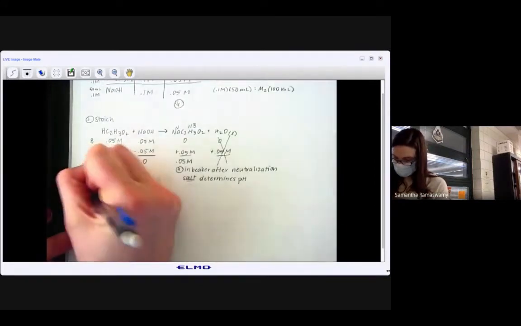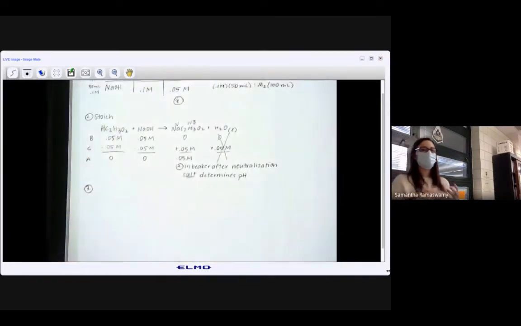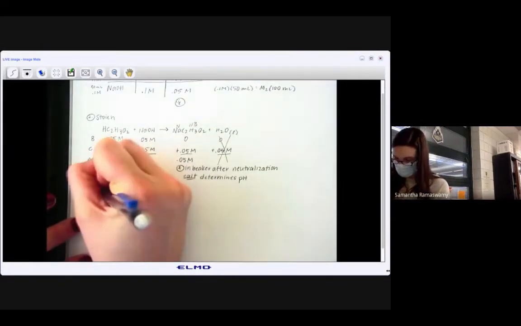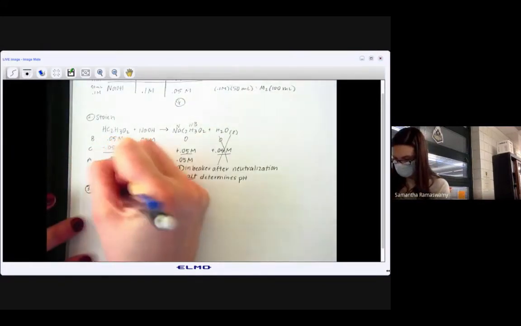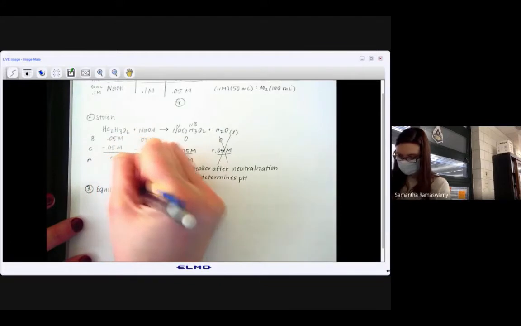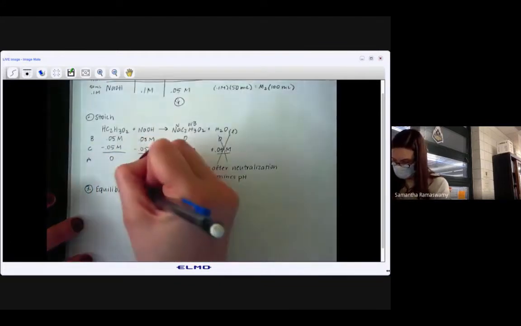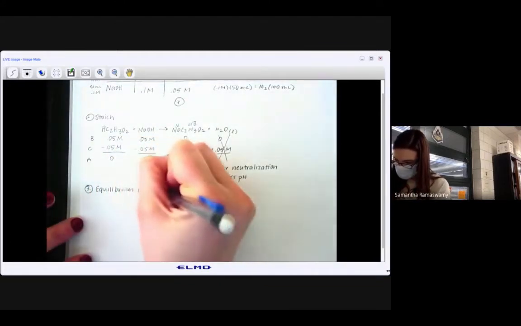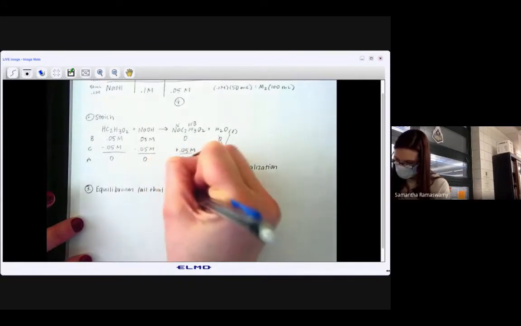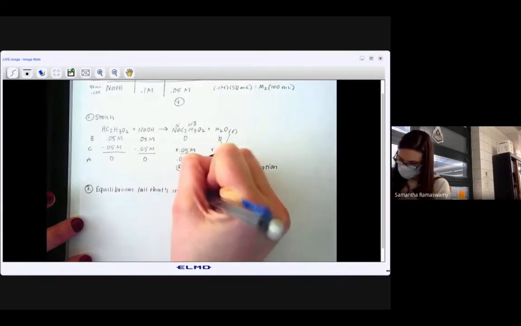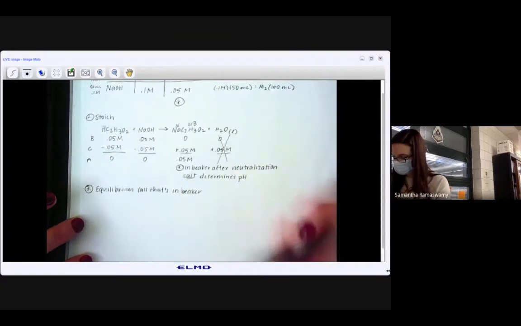The last part, when you're looking for the pH at the equivalence point, you're looking at how the salt affects the pH. So here we're focusing on equilibrium. All that's in the beaker is the weak base and water.